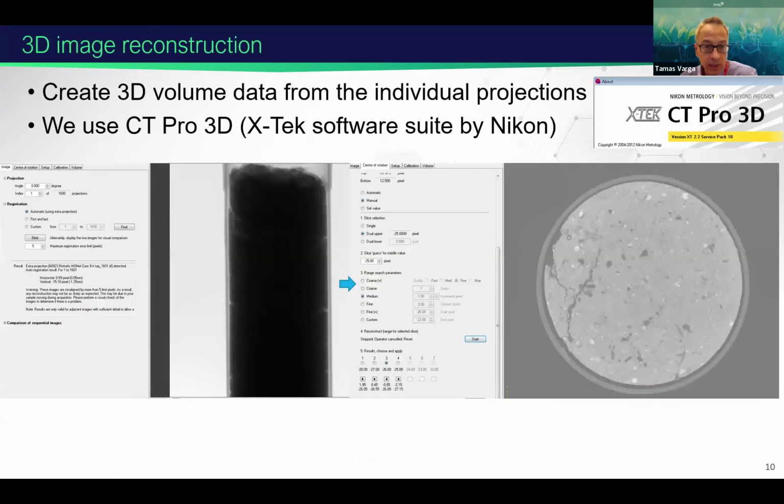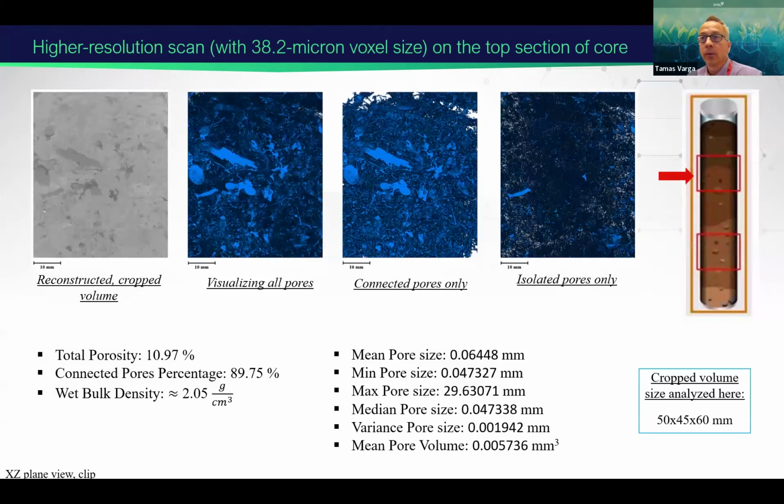We have to reconstruct the data before analyzing it, and we do that using the scanner's software. It's called the Metris Suite. CT Pro 3D is the software, and it basically goes through an iterative step of finding the center of rotation, and then basically gets a focused reconstruction as shown on the right, just one slice there, top view. This is about a 20-30 minute process to get the reconstruction done manually or semi-manually.